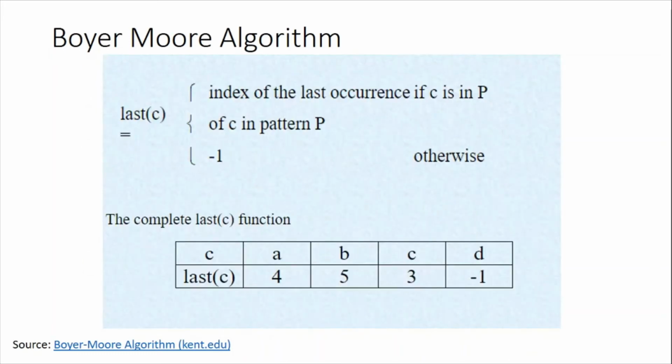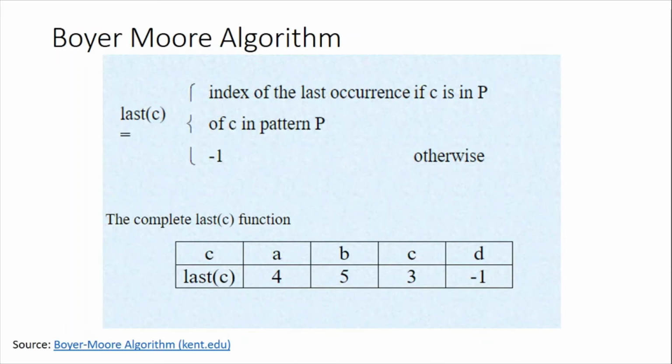In a similar way, as we had to pre-process the pattern in the Knuth-Morris algorithm to know how much we have to move, shift, or backtrack, we have to do it in Boyer-Moore's algorithm as well. This is done by calculating the last C function for each character that is inside the main string.